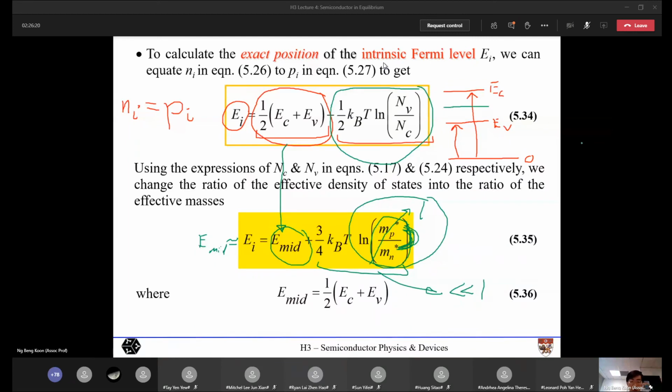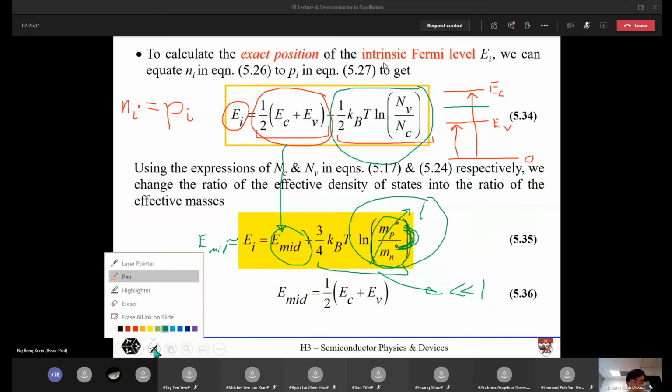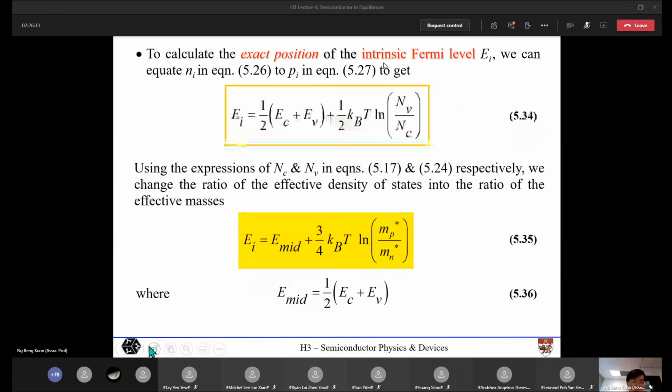But if not, in general calculation, if you are using EI, you can just treat it as in the middle of the band gap. In fact, in the tutorial, one of the questions requires you to calculate this gap, just to give you a sense of how different it is between EC and Emid. But by and large, this value is pretty small.